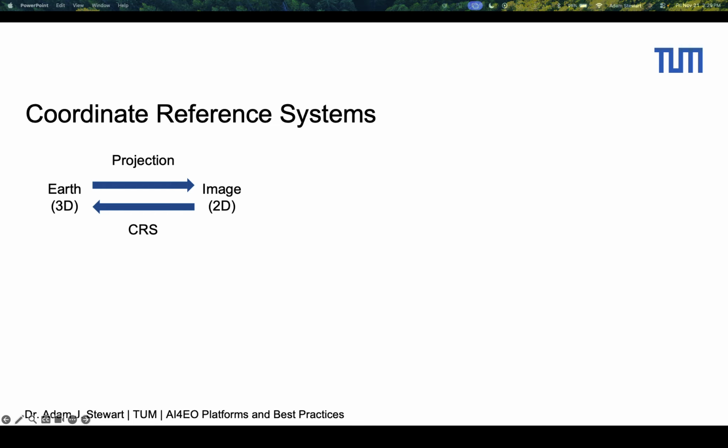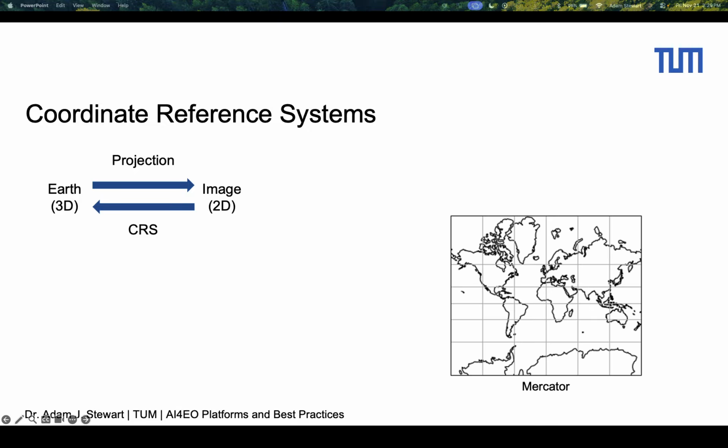We need some sort of projection to map this 3D surface onto a 2D image, and we need a coordinate reference system to refer back to the original three-dimensional structure, so we know where it's located on this sphere. There are a lot of different projections and coordinate reference systems out there. You're probably quite familiar with Mercator.